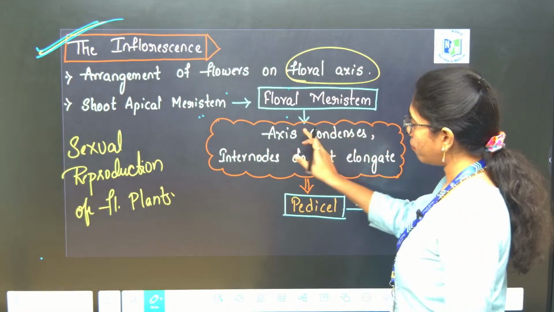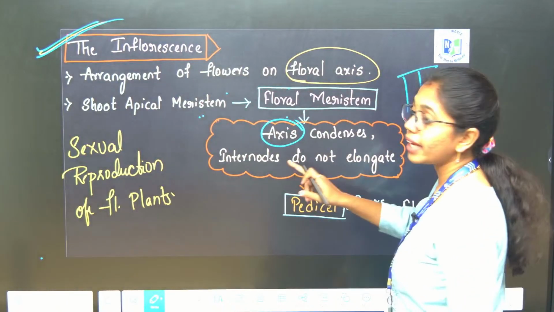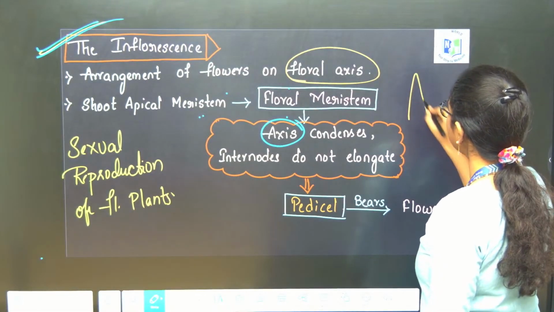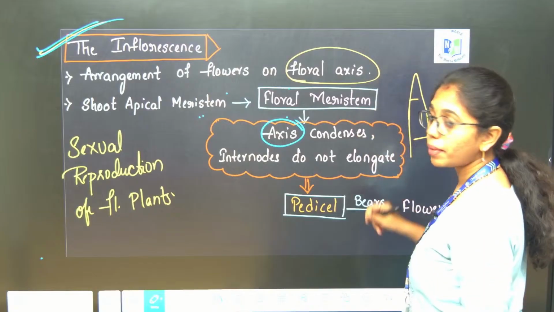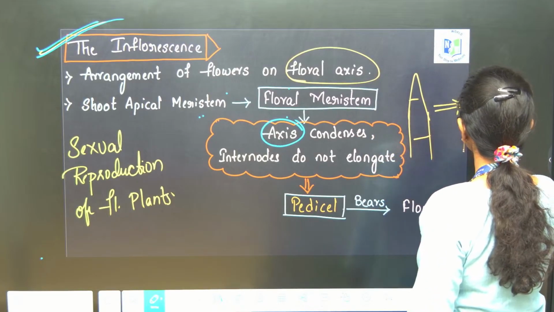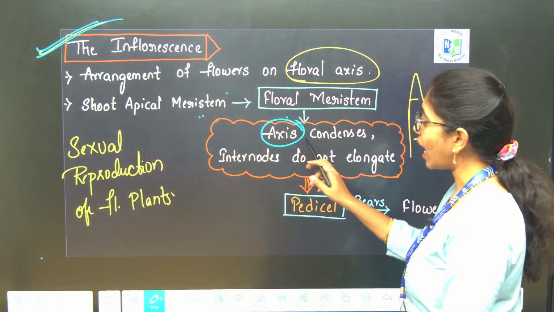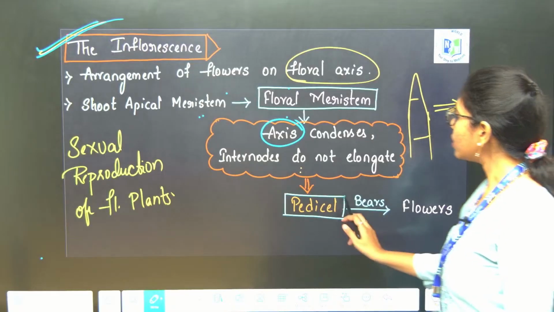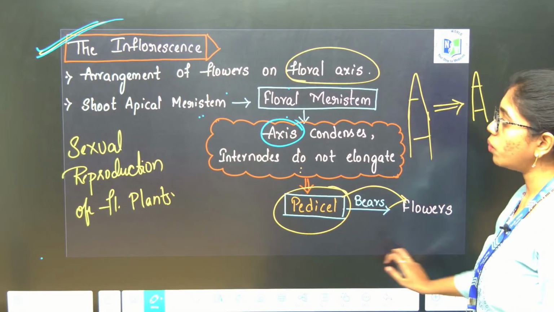With this, the main axis will get condensed and the internodes do not elongate. If this is the main axis, that is the shoot apical meristem, which is modifying to floral meristem, it will be condensed like this, wherein the axis gets condensed and internodes do not elongate at all, and the pedicel will bear flowers.